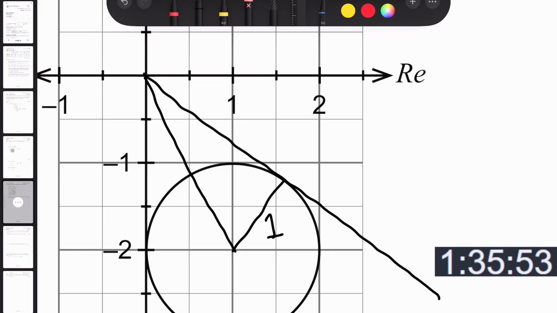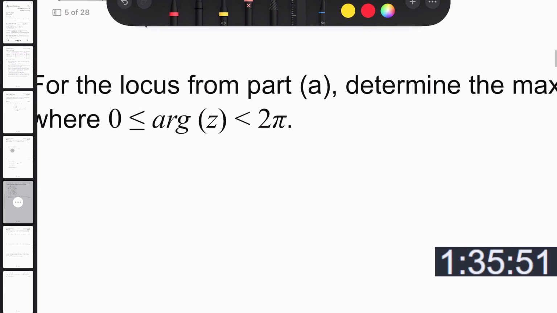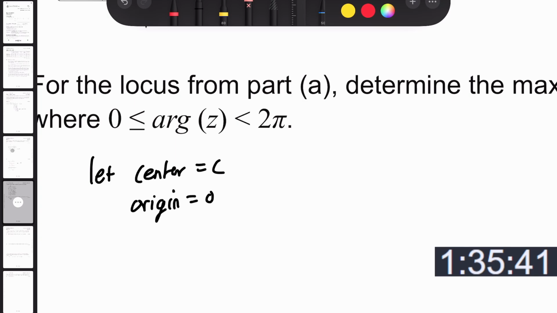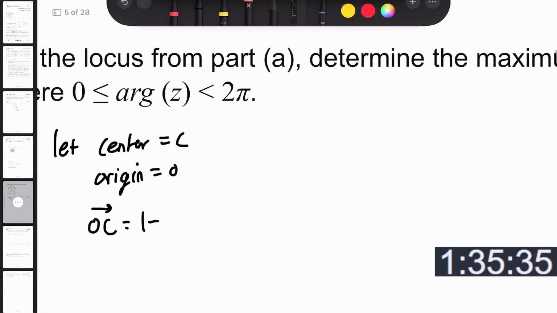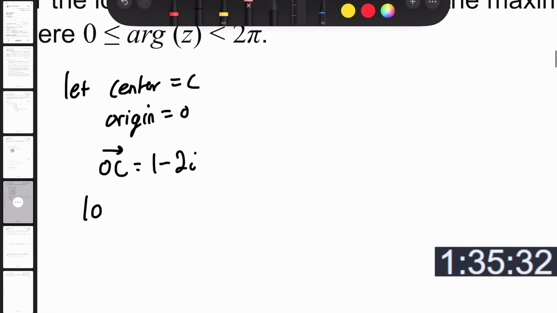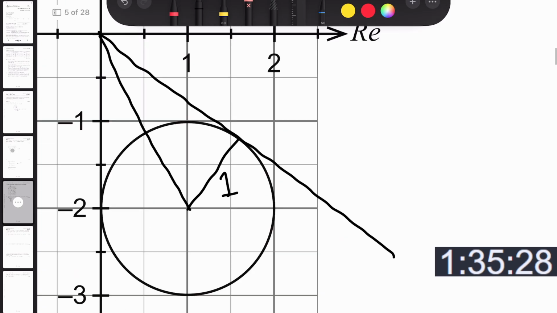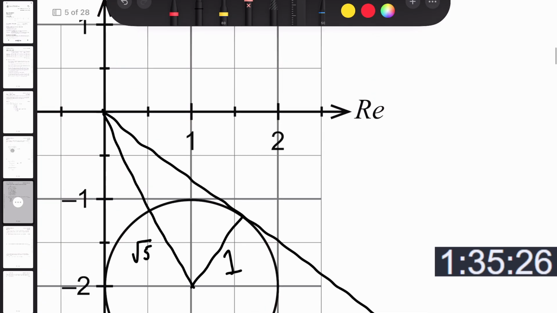Let's say center equal C, and origin equal O. O to C is equal to 1 minus 2i. So then the magnitude of that is going to be square root of 5.